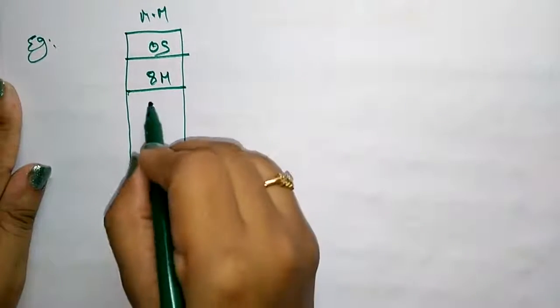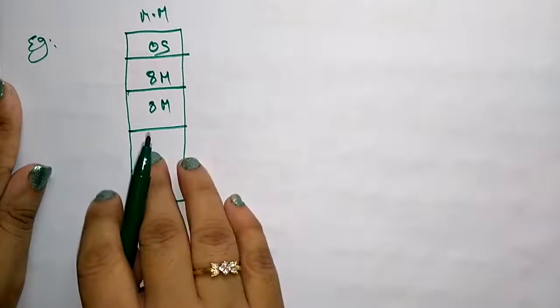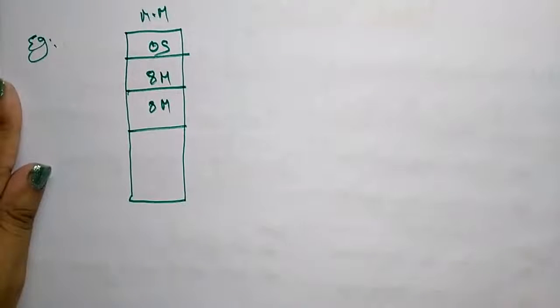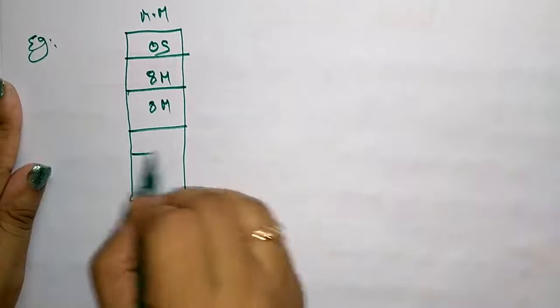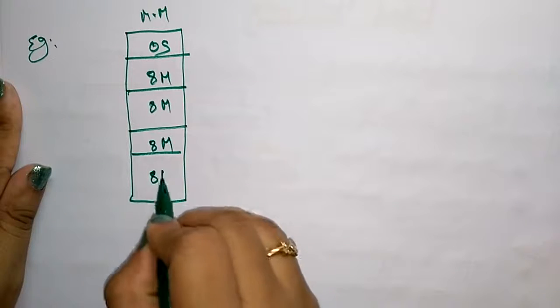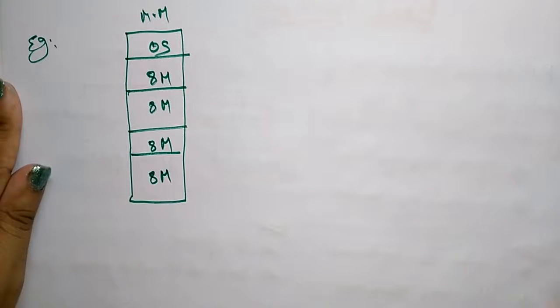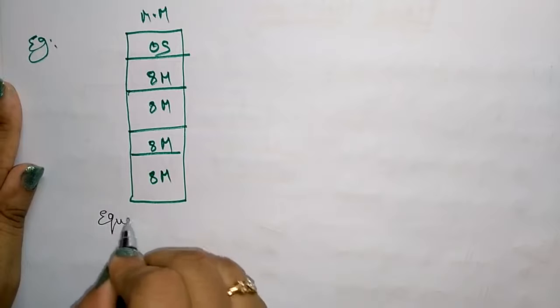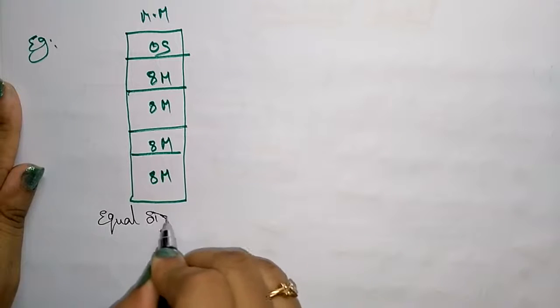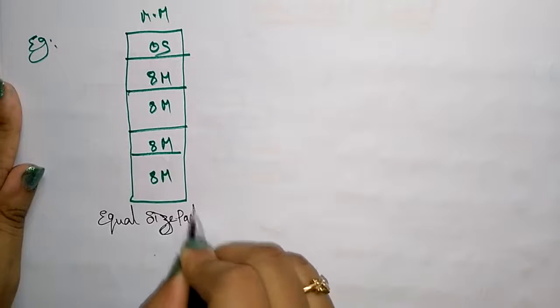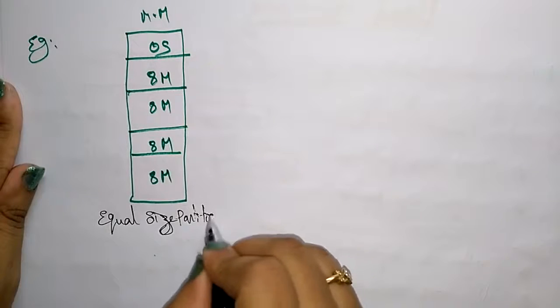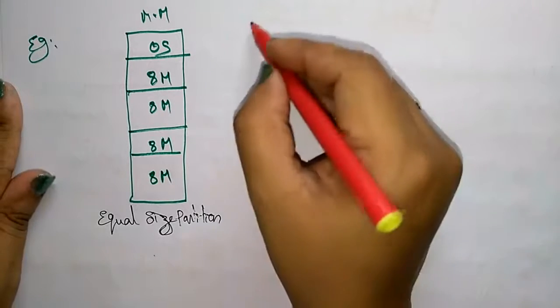I am talking about fixed partitioning. First I am explaining equal size partitioning. Now what about unequal size partitioning?